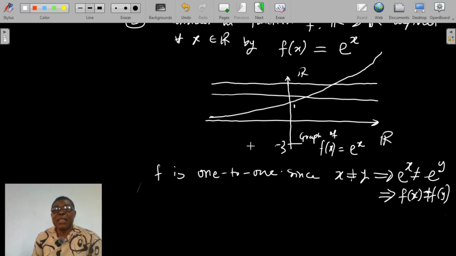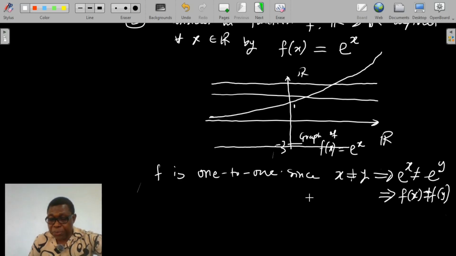You will observe that the horizontal line through minus 3 does not cut the curve, the graph of the exponential function. What this means is that there is no point on the domain space, which is the horizontal axis, that is mapped to the point minus 3. So that function is not onto.